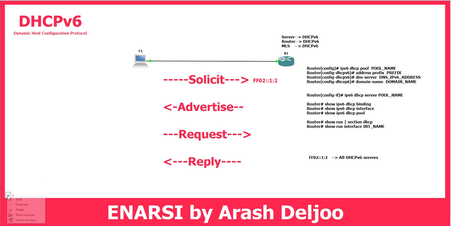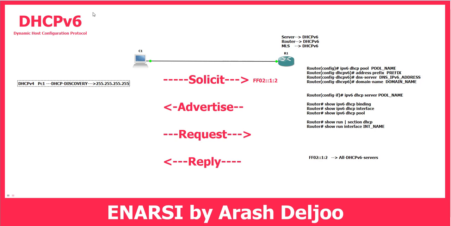Let me review IPv4. In DHCPv4, as you know, all of the messages use broadcast. For example, when PC1 sends the DHCP discover, it should send it to quad 255. Why?